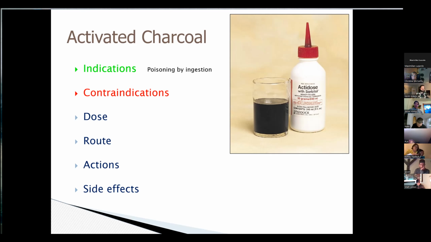So the indications of this are if somebody has poisoned themselves, whether it's on purpose or by accident, by ingestion. So somebody has taken something in orally. Now, one of the reasons why we are not using it is because of how specific the terms and conditions are.